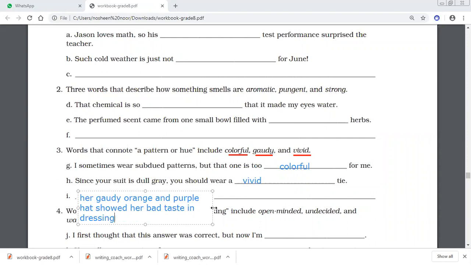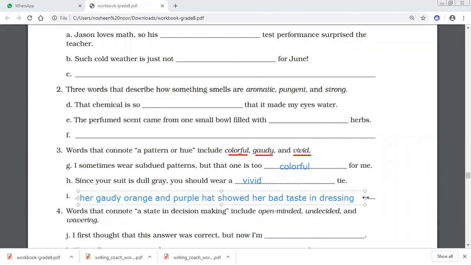And this is the sentence. You can make one similar. Gaudy is cheap. Gaudy is tasteless, simply tasteless. Like it is colorful, but it's not in a good way, in a good manner.